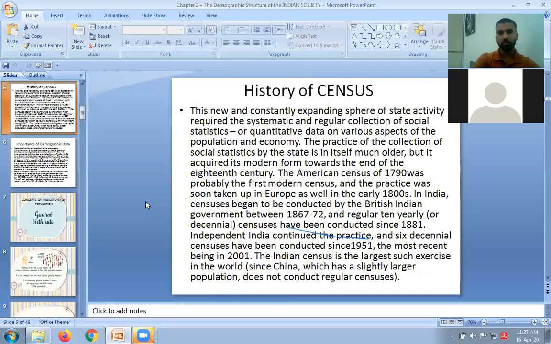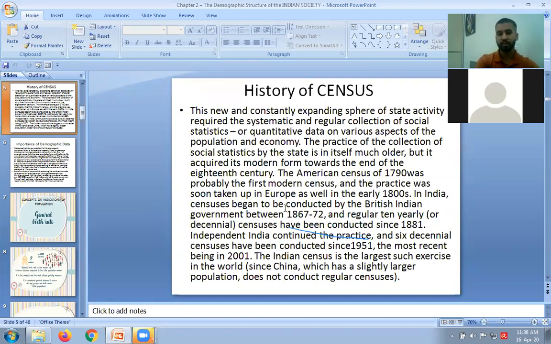Okay. So it's the history of census, right? Right after the formation of nation states, a process that was happening in the European countries, they also started doing census. And we know that census is related to demography, isn't it? So they started conducting census.